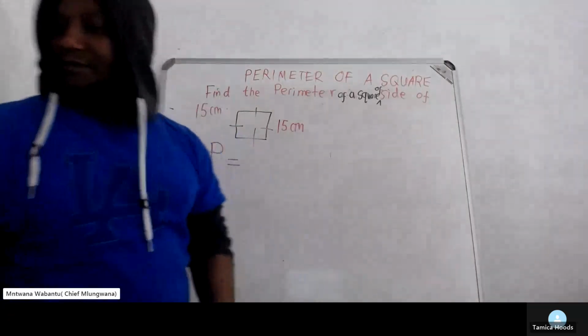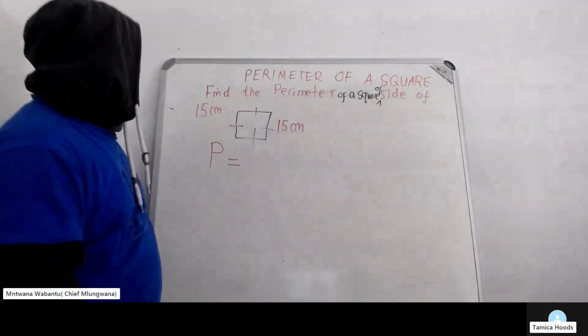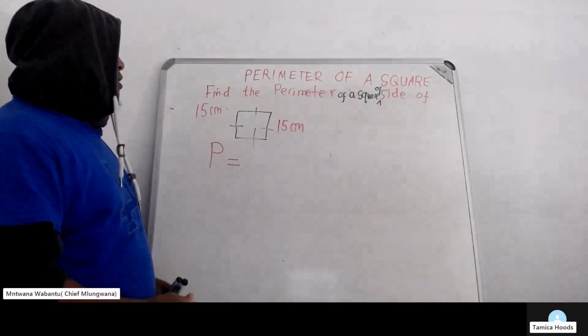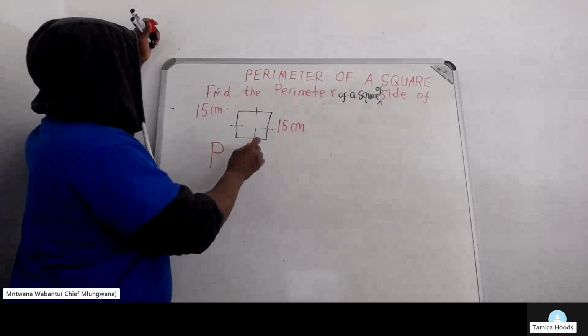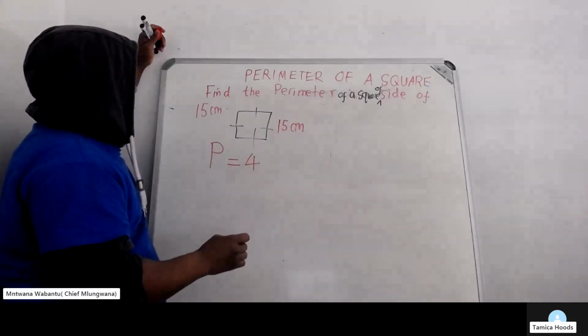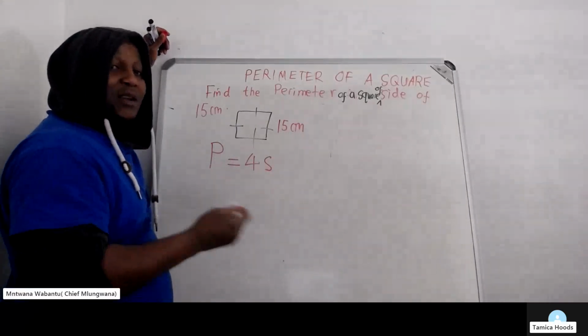Perimeter equal to what? I can help you, but I want to see how we can try first. Oh, you add all the sides together. Okay, so it will be 4, 4 sides. Very good.